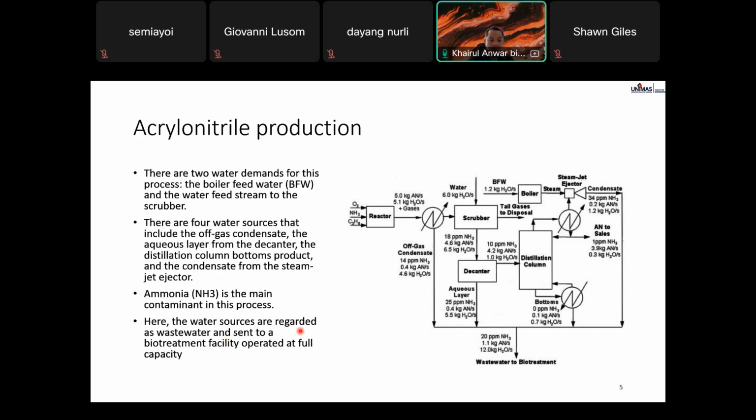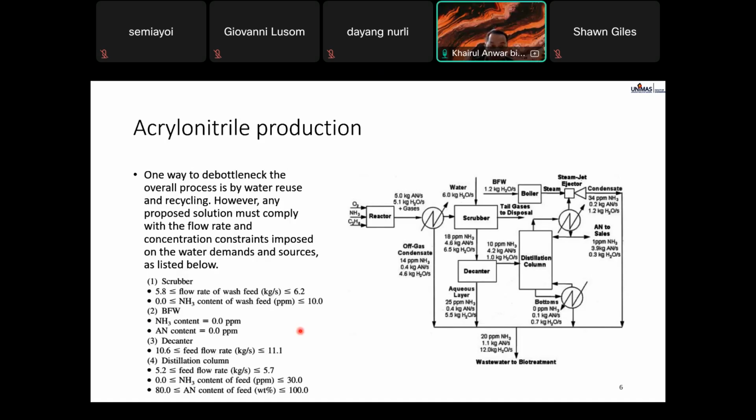The water sources are regarded as wastewater and sent to the biotreatment facility. One way to reduce the bottleneck is recycling, however, with constraints imposed on the water demand sources as listed below.